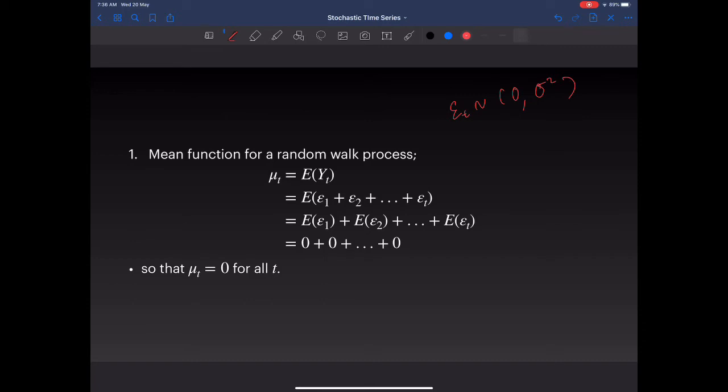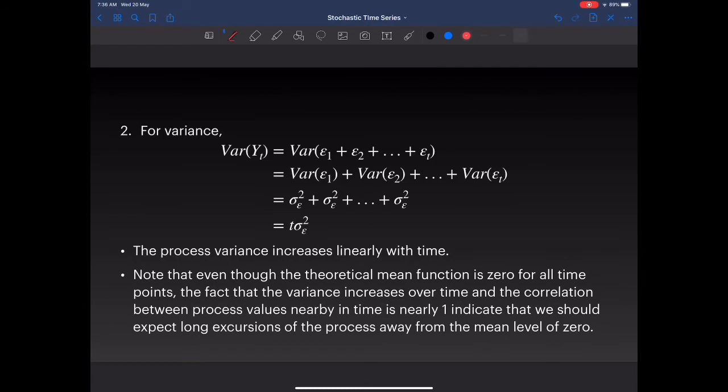That is the mean for the random walk process. Let's take a look at the variance function for the random walk. Again we use the same representation. Based on this, we know that for each of these error terms, we will keep adding the variance for each step.